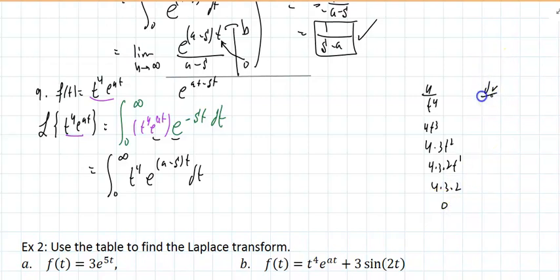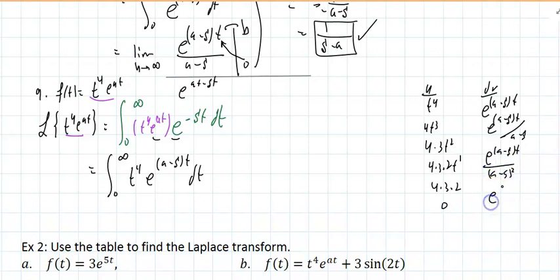And dv would be e to the (a minus s)t. A minus s is a constant. When you integrate, you get that back, and you divide by a minus s. When you integrate again, you get e to the (a minus s)t divided by (a minus s) squared.